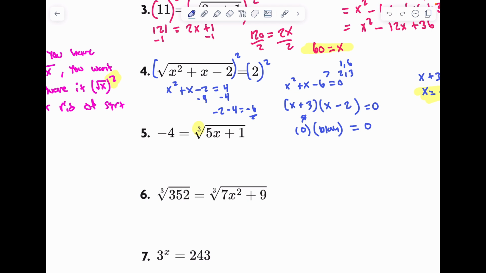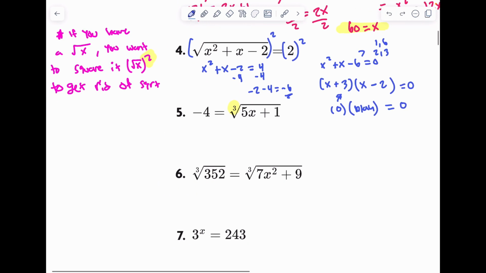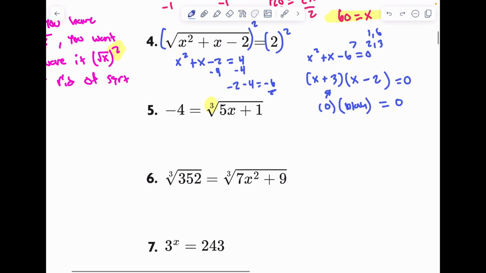This is a cubed root. So, again, I don't like roots. You need to get rid of the root to solve for x. How am I going to do that? This is a cubic root, okay? So similar, instead of taking it to the second power, I'm going to take it to the power of 3.